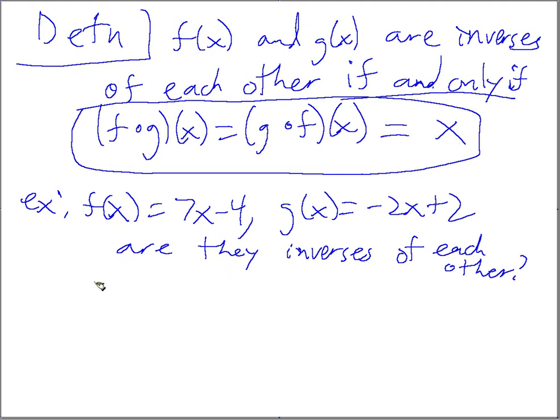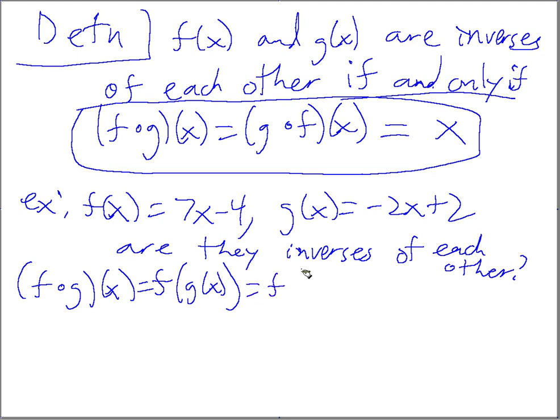Let's look at the first composite then. Let's find f of g of x. If you recall, this is defined as f parentheses g of x. So you're plugging the g function into the f function. You're plugging negative 2x plus 2 into the 7x minus 4. In other words, this is f parentheses negative 2x plus 2.